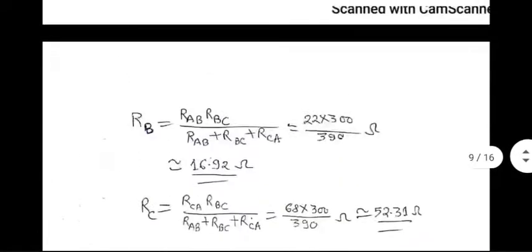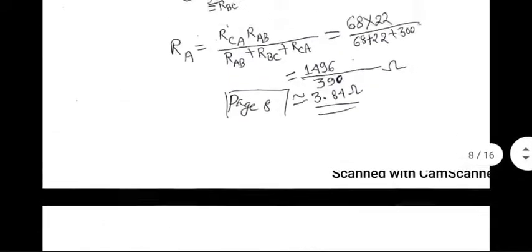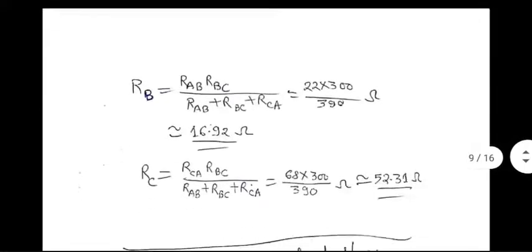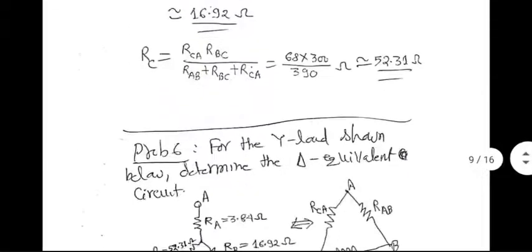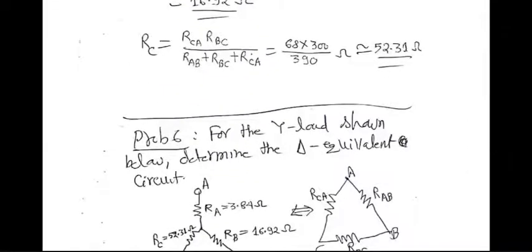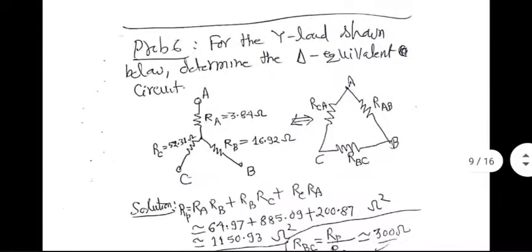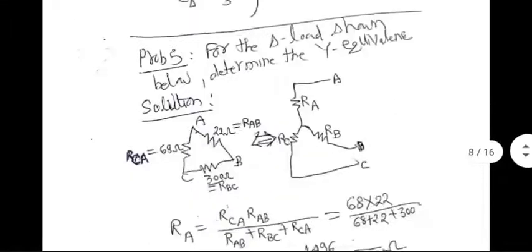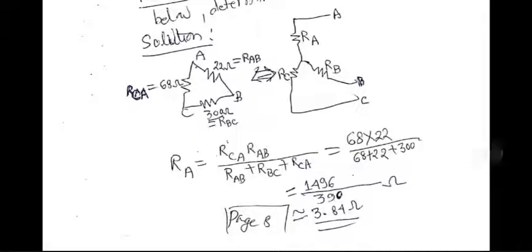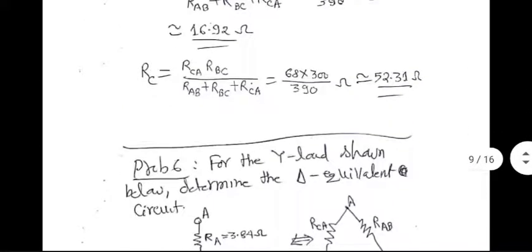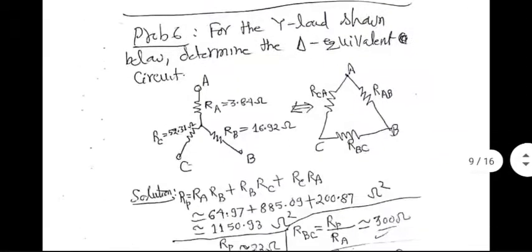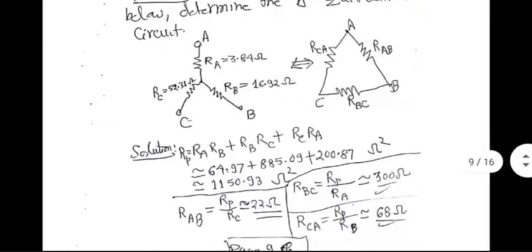RB as what I got in the previous problem, 16.92 ohm, and RC as 52.31 ohm. So if I use the equations in the opposite direction, I should be able to get back the same RAB, RBC, RCA that I had given here. Okay. And I think I got them right. Formulas now are here.